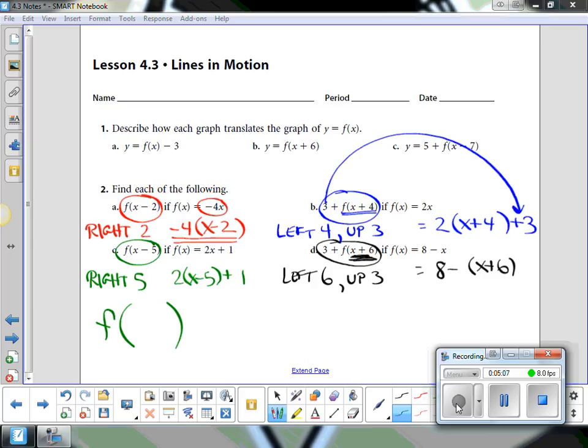What did I forget? There's also an up 3, and to make that graph shift up 3, you can tack a plus 3 on the end, or on the beginning, okay? And I'm going to stop there and follow up in the next video.